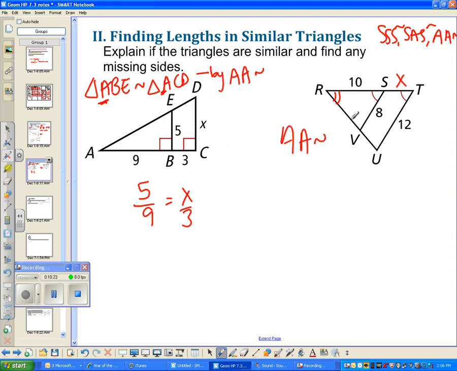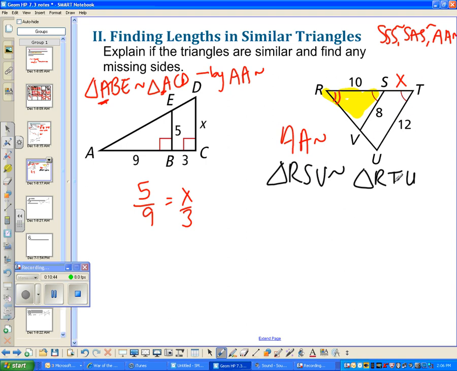Now to set up my proportion, I'm thinking about this yellow triangle, triangle RSV. It should be similar to triangle, let's see, R and S, R and T are the same angles, RSV and RTU. I'm looking at this huge triangle, the big triangle.